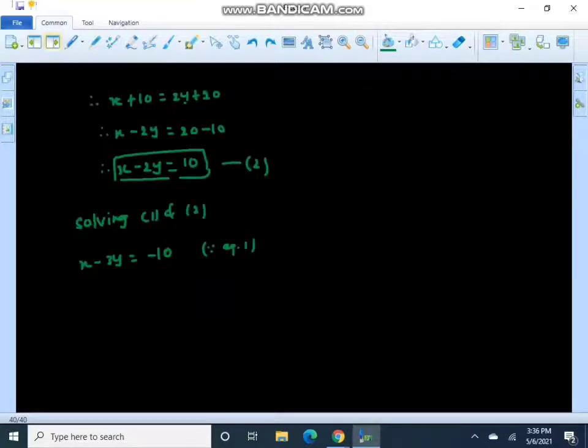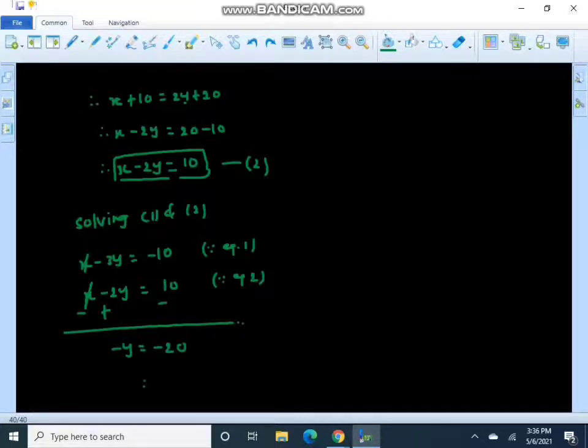And x minus 2y is equal to 10. This is equation 2. Changing sign, minus plus minus. x minus x gets cancelled. Minus 3y plus 2y will be minus y is equal to minus 10 minus 10. y is equal to 20. This is Sonu's present age. Yes or no?